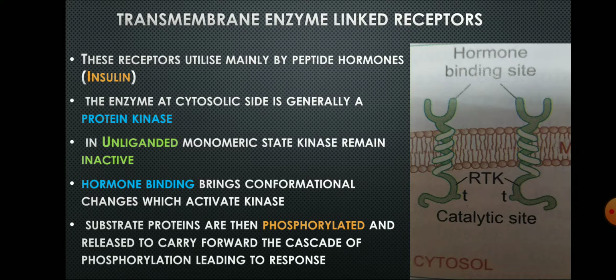Okay, now the substrate proteins are then phosphorylated and released to carry forward the cascade of phosphorylation leading to the biological response. जो सबस्ट्रेट अटैच हुआ उसको फॉस्फोराइलेट, ये जो काइनेज प्रोटीन काइनेज एक्टिवेट हुआ है वो क्या करेगा, फॉस्फोराइलेट कर देगा सबस्ट्रेट को. एंड फर्दर फॉस्फोराइलेशन की एक पूरी सीरीज स्टार्ट हो जाएगी जिससे फाइनली हमको जाके मिलेगा बायोलॉजिकल रिस्पॉन्स. ओके, सो दैट इज़ व्हाट transmembrane, that is how transmembrane enzyme linked receptors work.